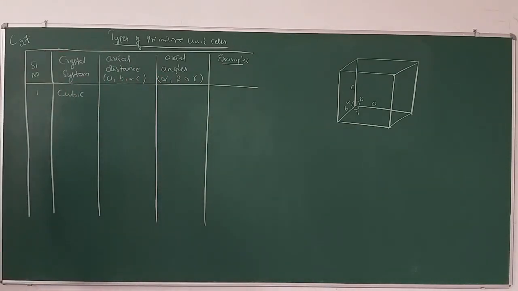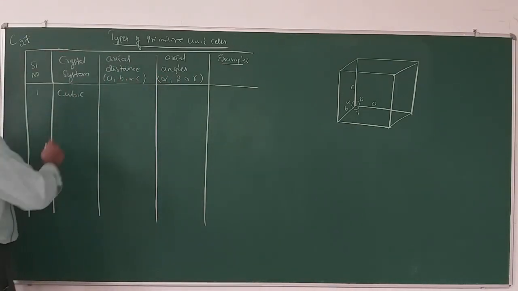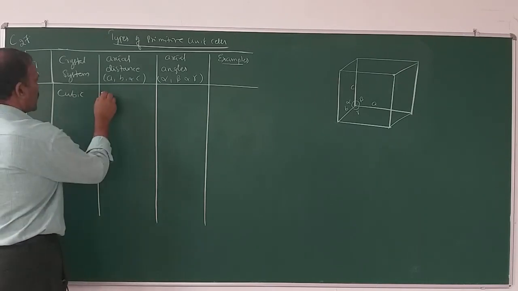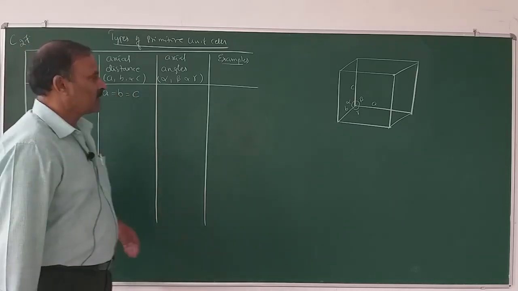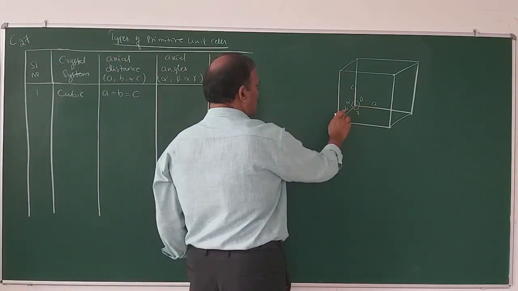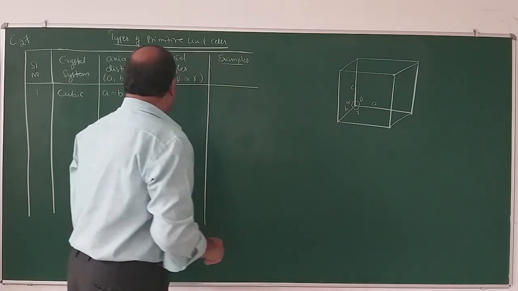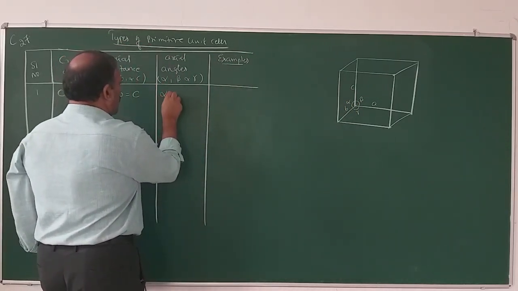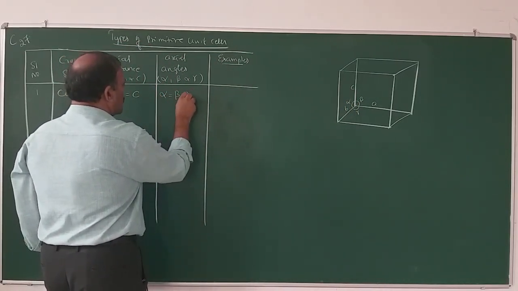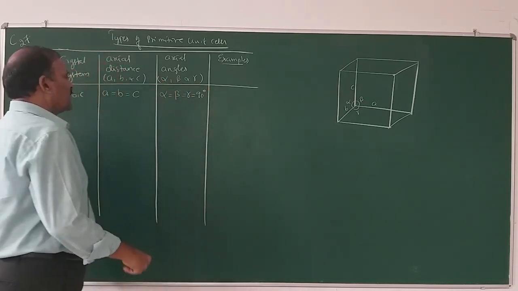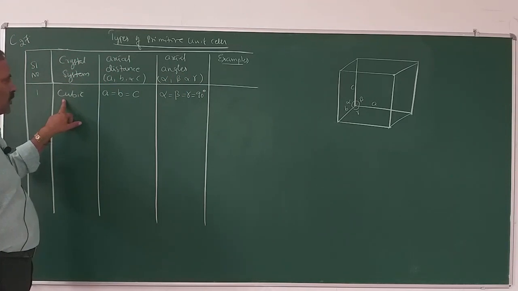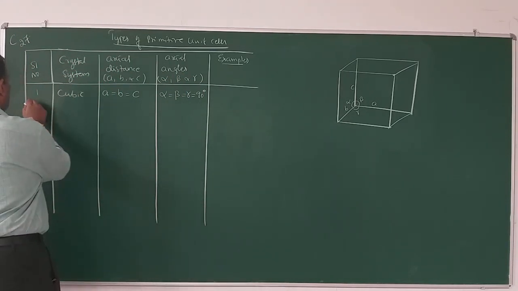The first type of primitive unit cell is cubic. Here A equals B equals C. If the distance A equals B equals C, and if alpha equals beta equals gamma equals 90 degrees, that crystal name is cubic.